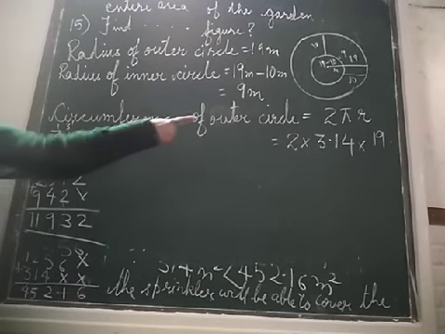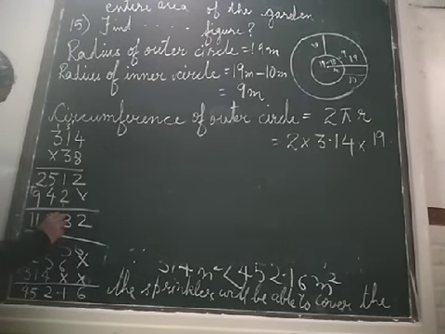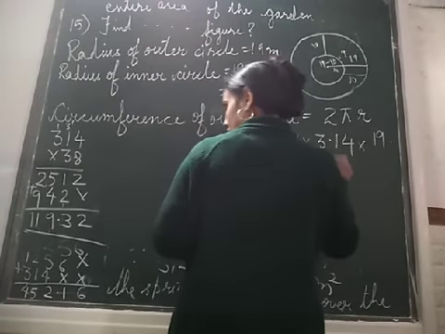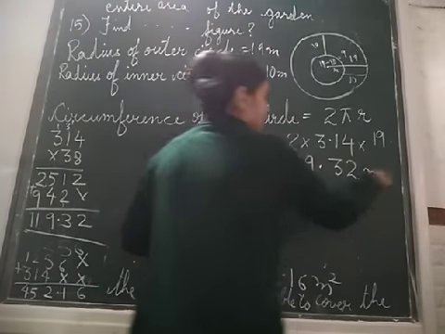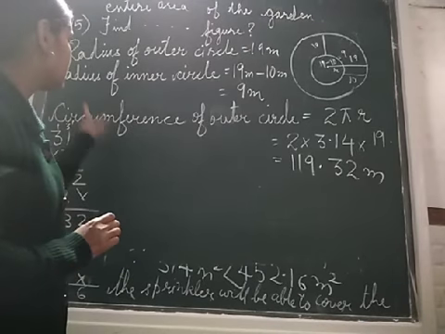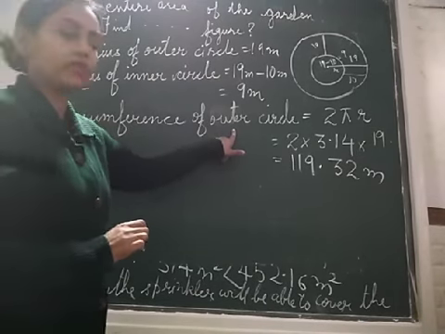How many decimal places? 2 decimal places here also. So it is 119.32 meters. Okay. So this completes the circumference of the outer circle.